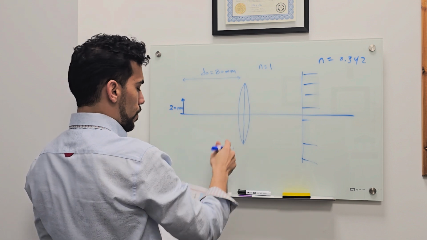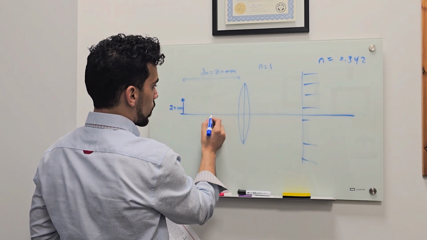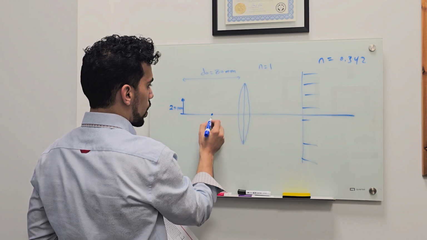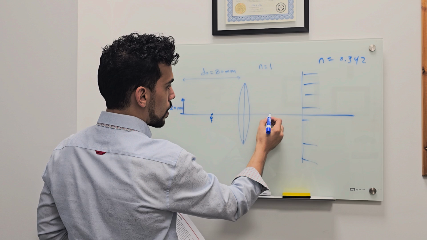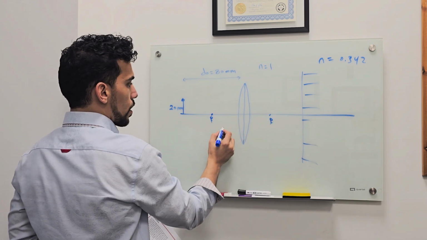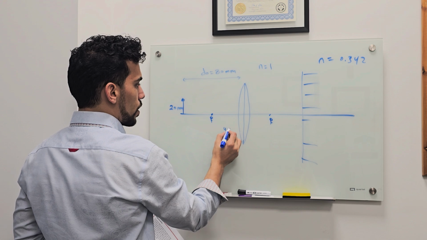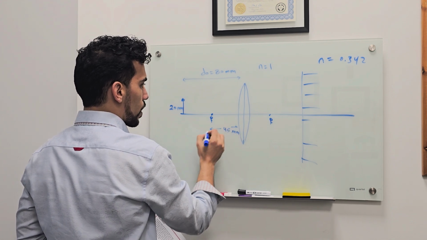The focal length of this converging lens is 45, so it's approximately here. Okay, so it's here, F, and this is 45 millimeters, a distance of focal length.